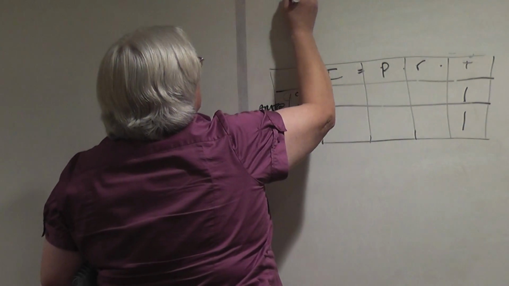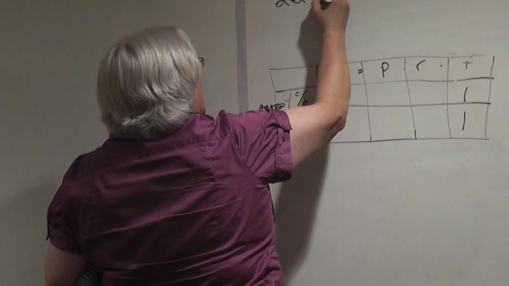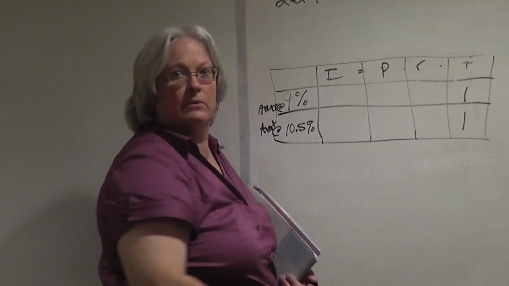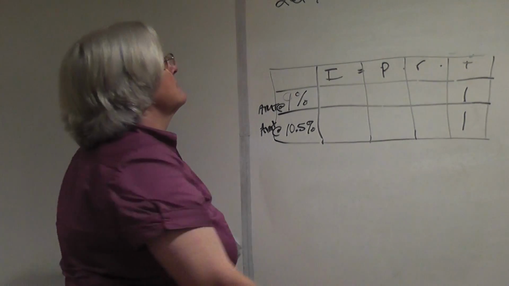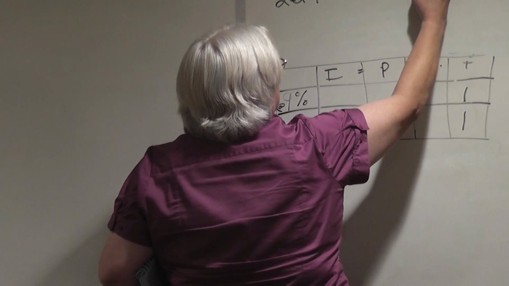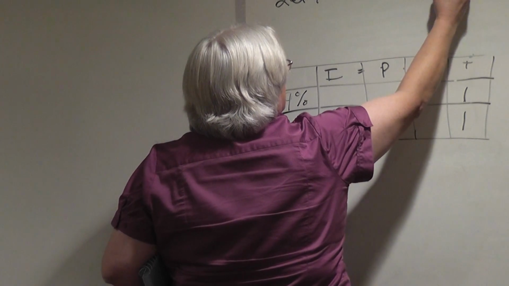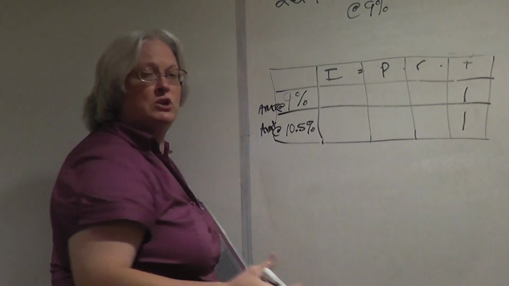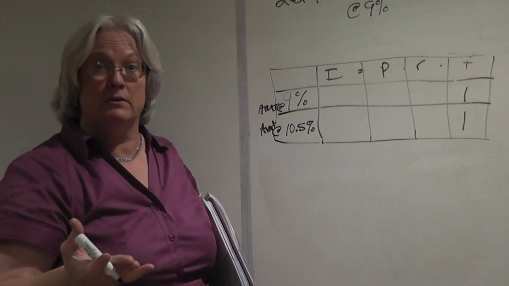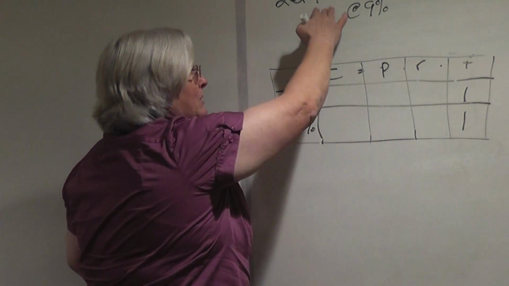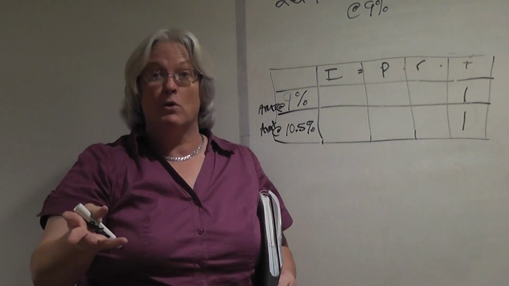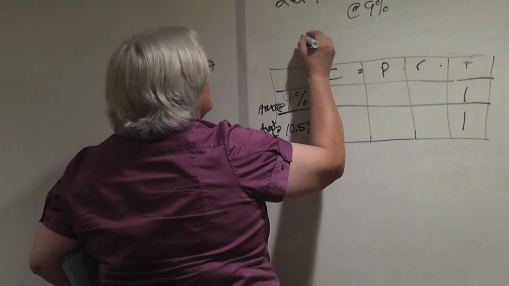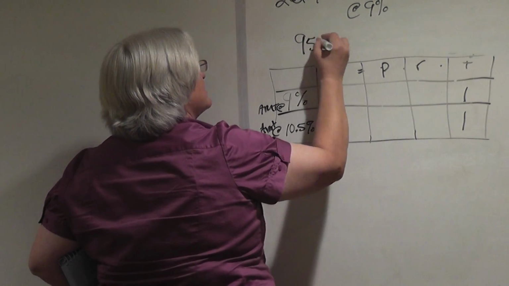So let's let X be the amount invested at 9%. So how much did he invest at 9%? We don't know that, but we're just going to call it X. What's the total amount that he invested? Well, our book tells us that he invested $9,500.